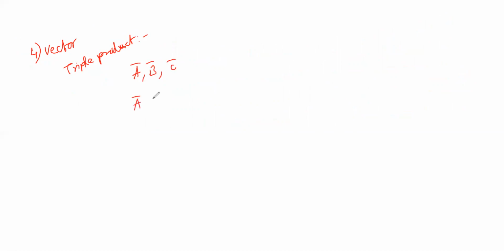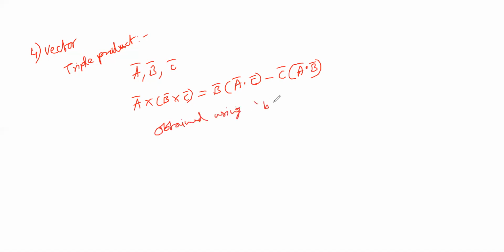A bar cross B bar cross C bar equals B bar times A bar dot C bar, minus C bar times A bar dot B bar. We obtained this value using the BAC-CAB rule according to mathematics.